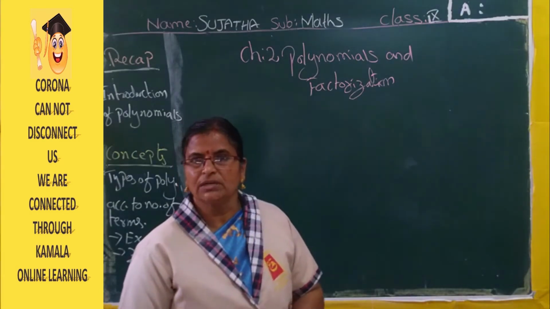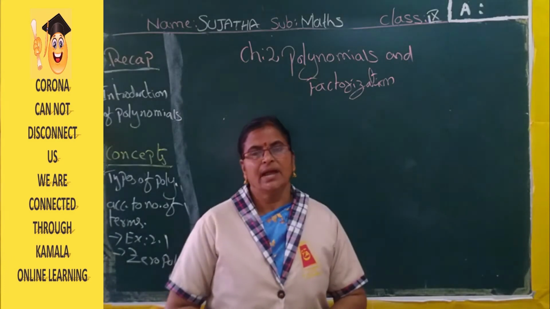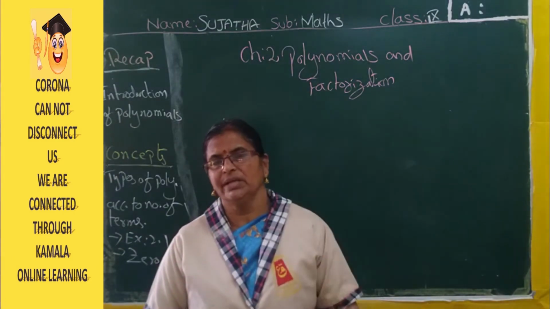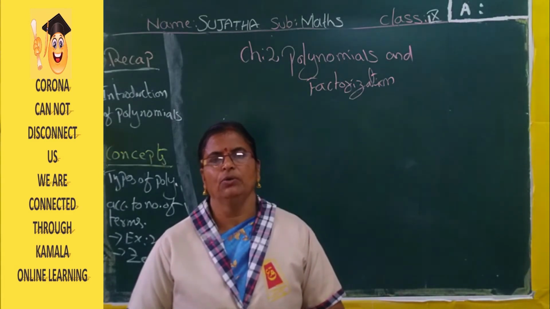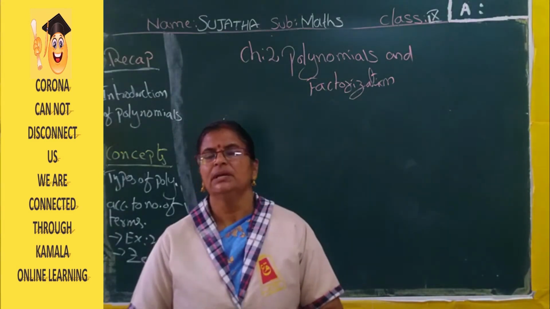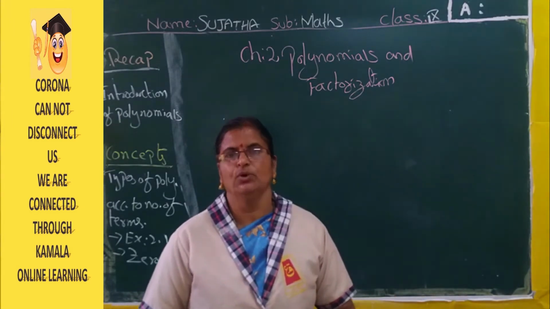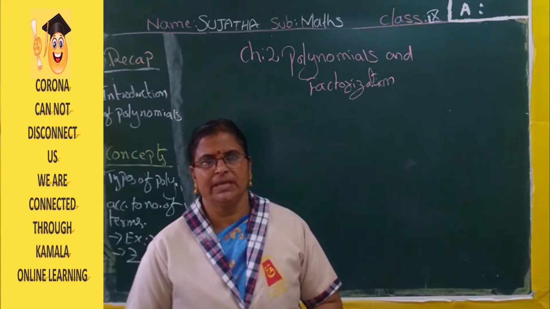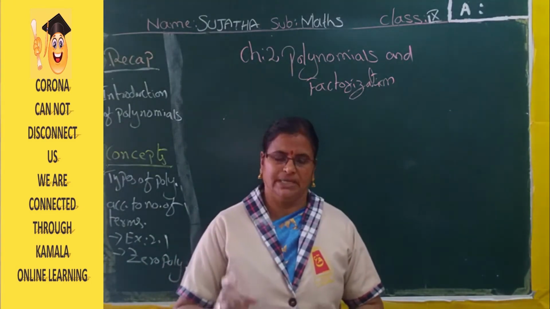If 2 terms, it is a binomial. If 3 terms, it is a trinomial. And more than 3, it is a multinomial. Understood?